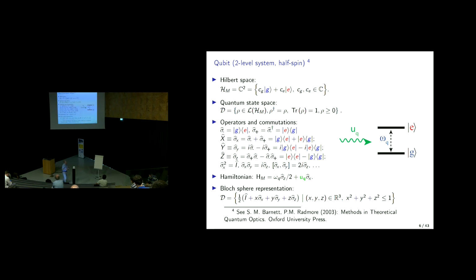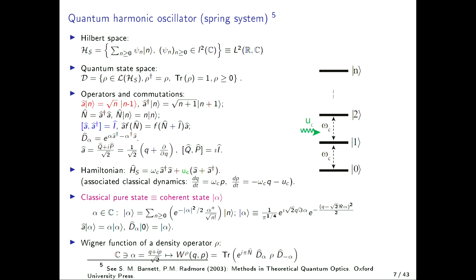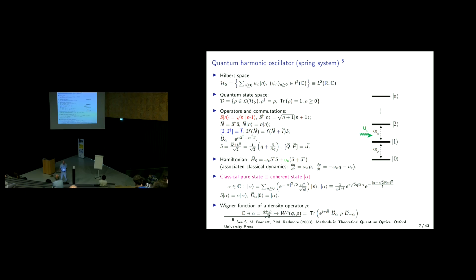The second system, which is elementary, the second block, I would say, it is as if you are in Lego and you have two blocks, qubit and harmonic oscillator. Harmonic oscillator is the system of infinite dimension, which is the simplest case. So you have in the Hilbert space a Hilbert basis labeled by n, and n starts from 0, not from 1, because 0 corresponds to vacuum, the lowest energy of your system.